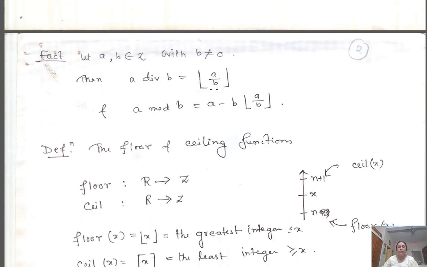Now, these are some notations. Already you are familiar with this. A div b is the quotient, and the remainder we denote by a minus b times the quotient.